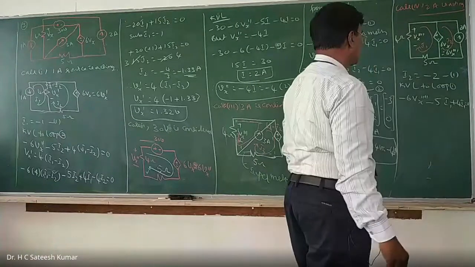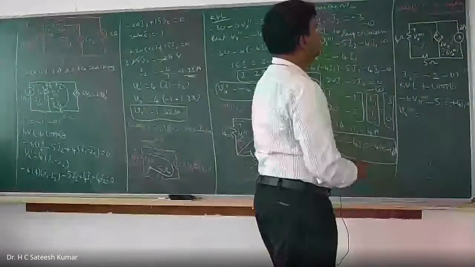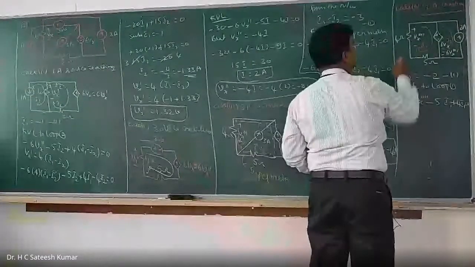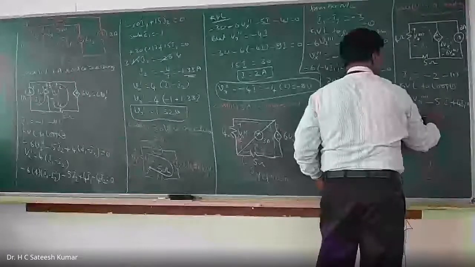Vx 4 dash is what? Vx 4 dash is this one. Current is going from where to where? Negative to positive. But actually it should go from higher potential to lower potential. It is going lower to higher, therefore we get minus 4 I1.